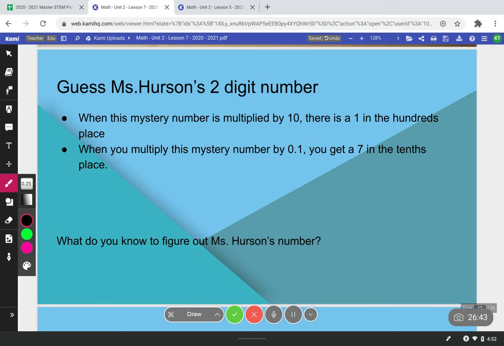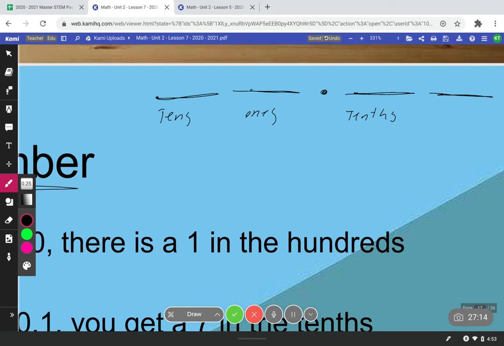We're going to do a little game now, and it's going to be guess my number. So our new friend, our new teacher, Miss Herson, she's thinking of a number. It's a 2-digit number. That's the clue she gives us. 2 digits. So it's a 2-digit number.